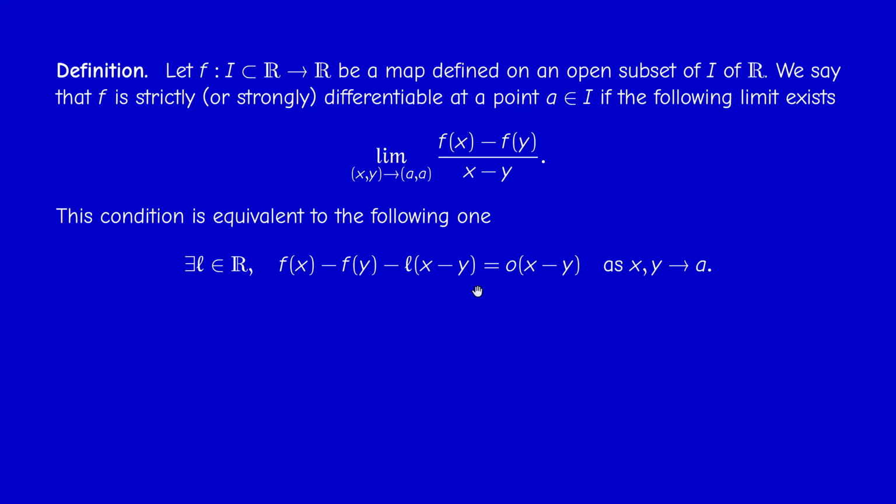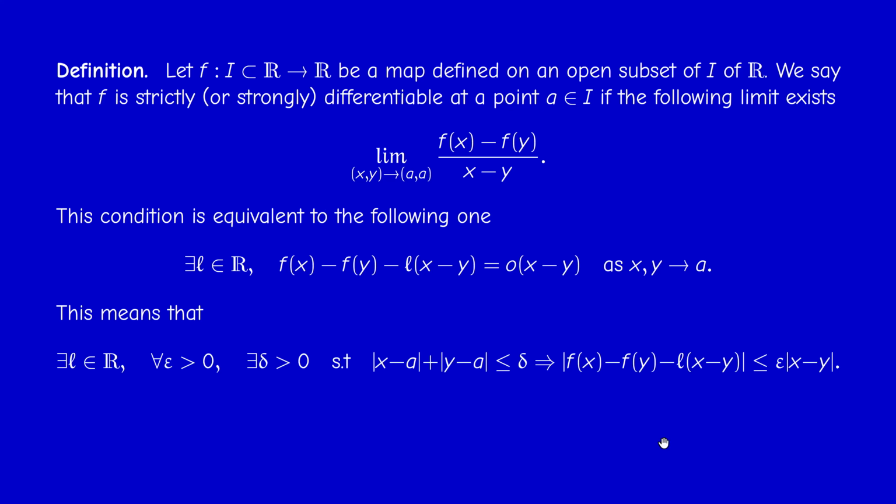And of course, you can play with this form. You can write it in so many ways. Okay? Or if you like, in epsilon and delta. So we have this condition. If x and y are sufficiently close to A, then the left-hand side is less than epsilon times x minus y.